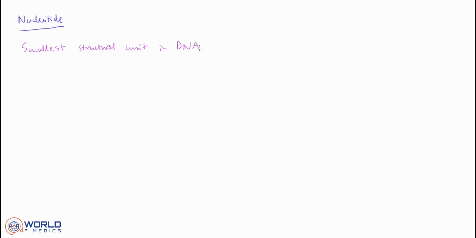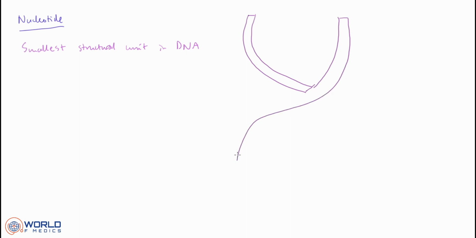And again, to illustrate this, we should draw a diagram. So again, we've got a DNA molecule, and we've got one strand over here, and we have another strand over here, and again, just a very rough diagram which is just illustrating our point.